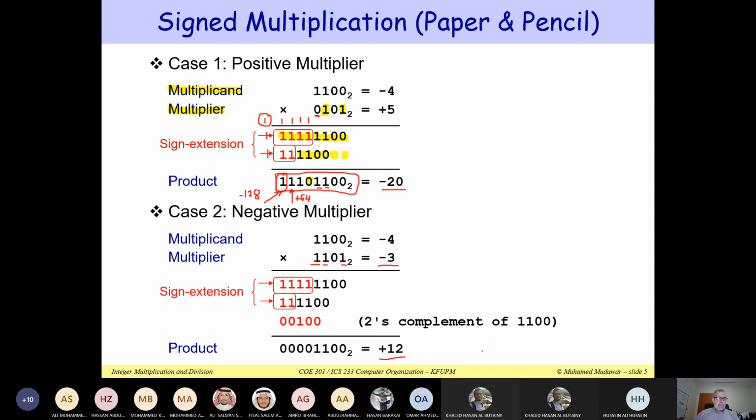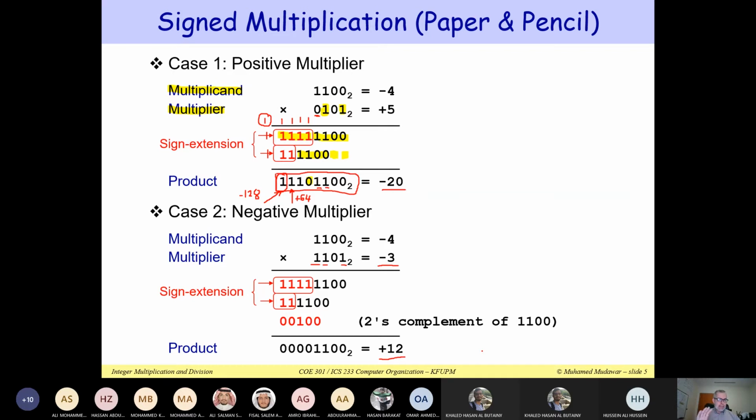Now, I would like to multiply them without taking the 2's complement of the multiplicand and the multiplier. I mentioned that one way to do this is to look at the multiplicand and multiplier, and if they are negative, convert them to positive by taking the 2's complement. But we are not going to do this.